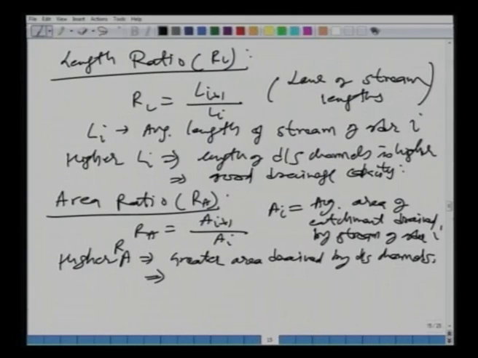So, that is also indicative of good drainage capacity of the catchment.